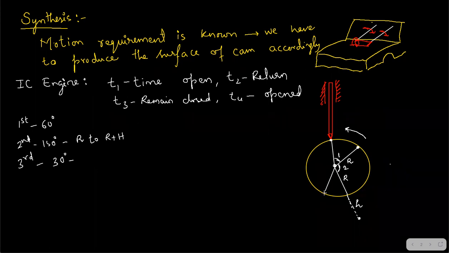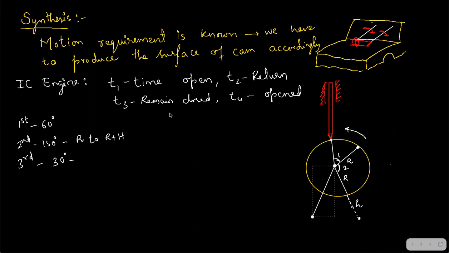Let me say that this is your next 30 degrees. Don't worry, geometrically it might have a little bit of error, because 60 is taken this way and 30 like this. Don't worry about those things, just learn the concept.